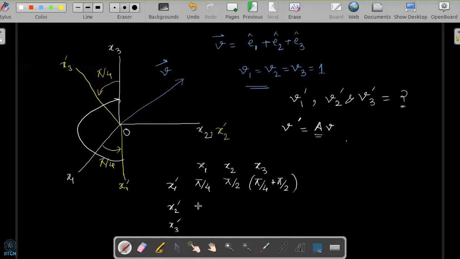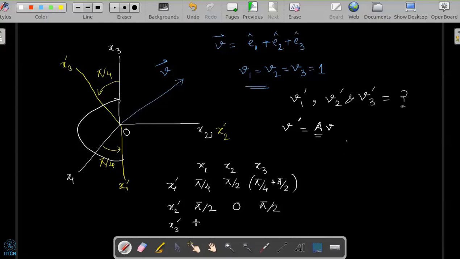Similarly, we can write x2 dash and x1 as pi by 2. This is 0 because we have not changed the direction of x2. X2 and x2 dash are in the same place. So this is 0, and then we have pi by 2.